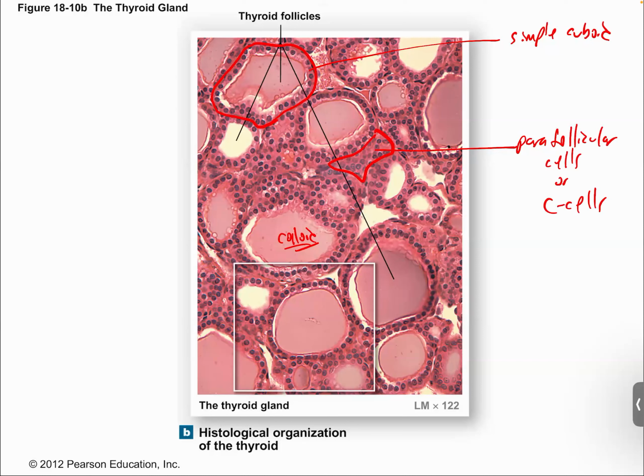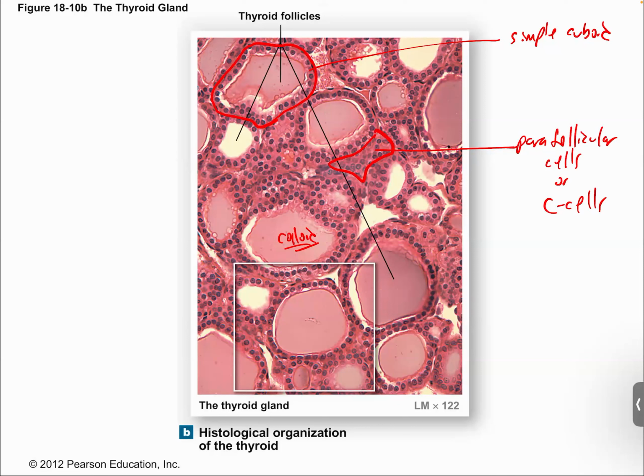Now what these guys do is they're making something different. These guys are making calcitonin. And we'll take a look at that here in just a second. Of course, we all know calcitonin as being one half of that homeostatic dyad that controls and regulates blood calcium levels in your system. And so this is where your calcium regulator is coming from in terms of calcitonin.